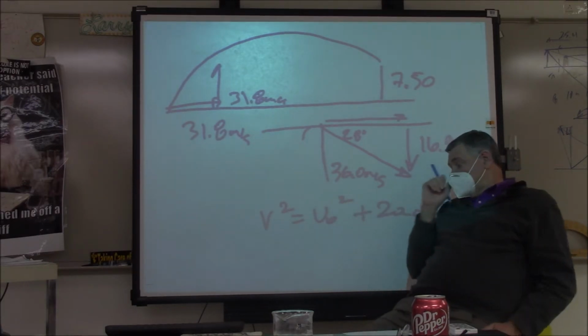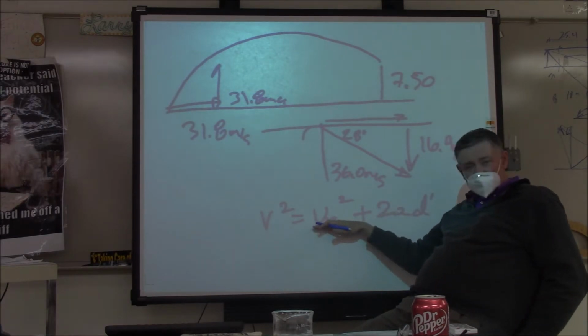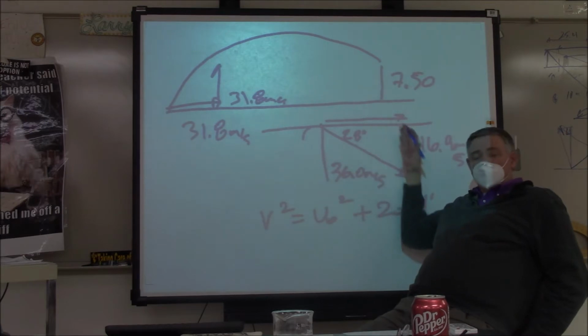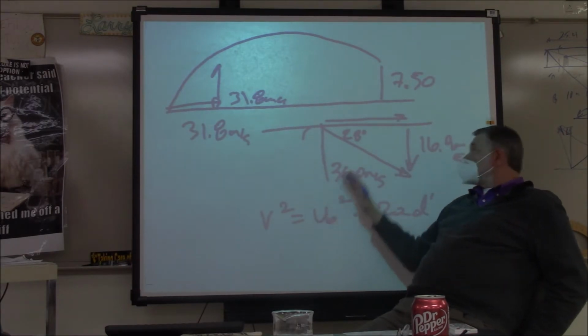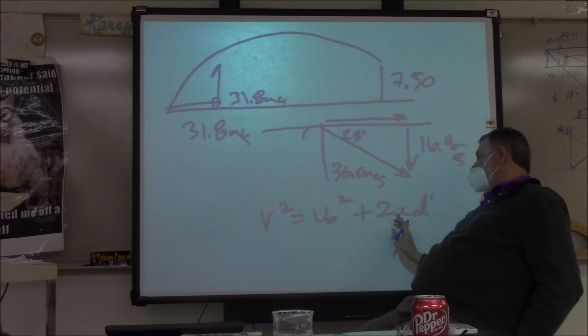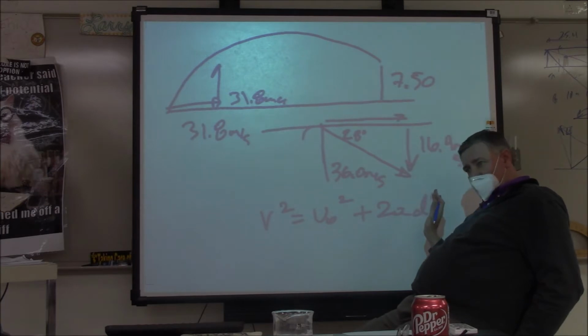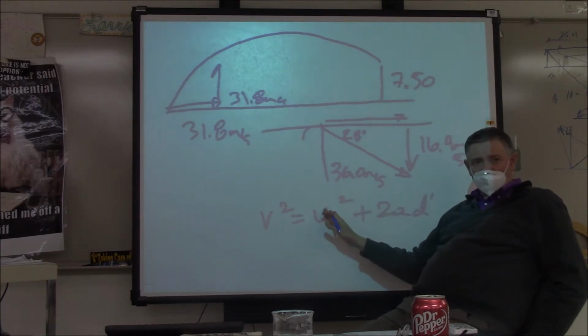Doesn't make any difference. But this has to be a positive value, so it gets added to this, so that you end up with a faster velocity. So you're going to crunch these numbers, put in 16.9, square that, add it to 2 times 9.8 times that 7.5 meters, take the square root of that, boom, there's your velocity.